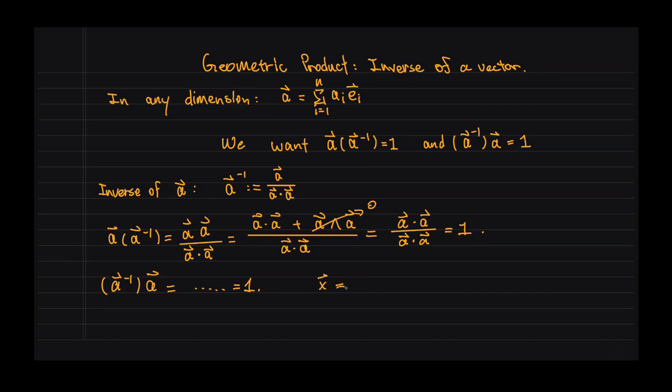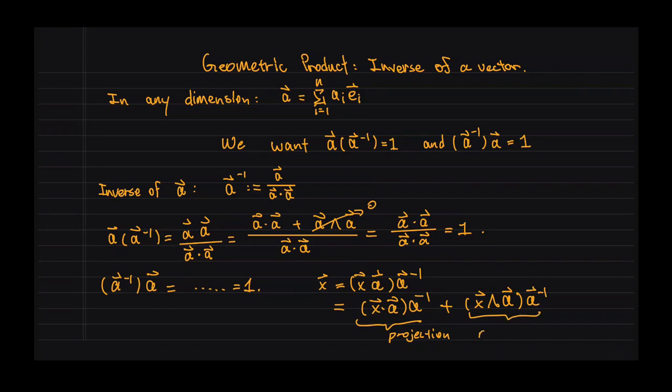We will show that a vector x can be written as x geometric product a, geometric product a inverse, and is equal to (x dot a) a inverse plus (x wedge a) a inverse, and we will show that this is a projection, and that is a rejection.